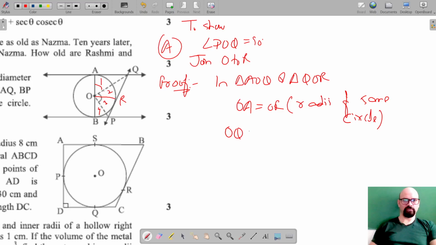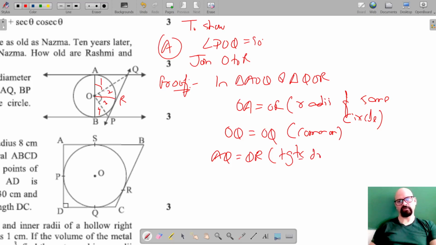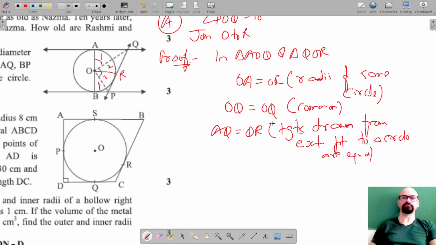Now OQ is equal to OQ, and AQ is equal to QR because tangents drawn from an external point to a circle are equal, which is the second theorem of the circle chapter.